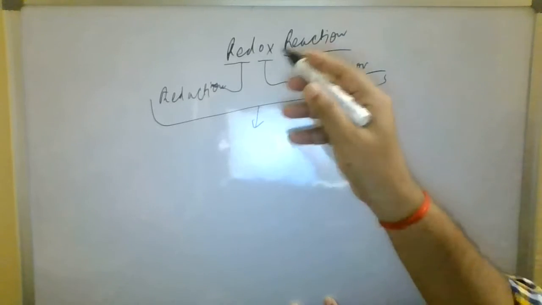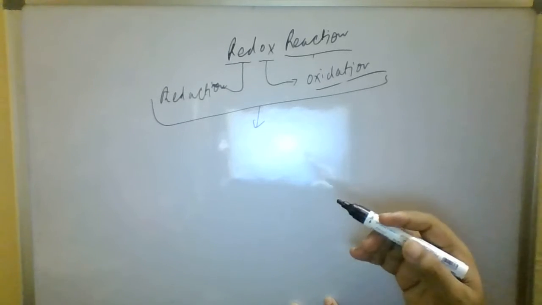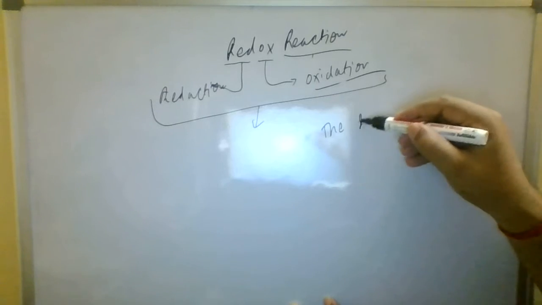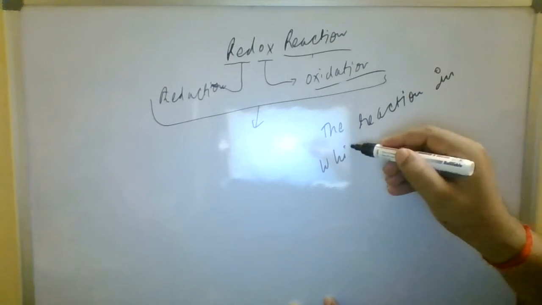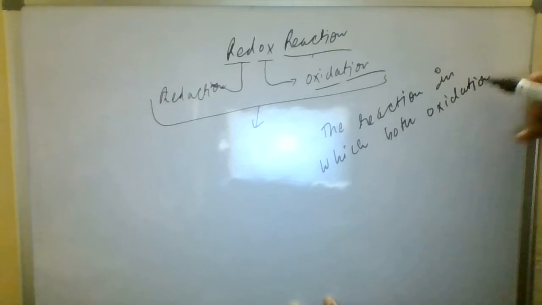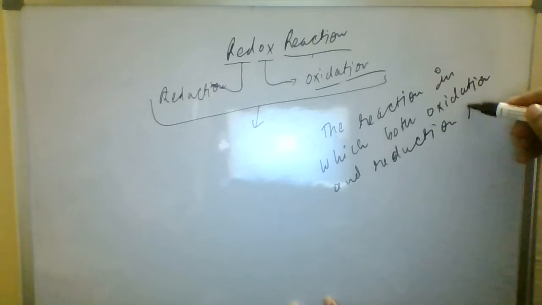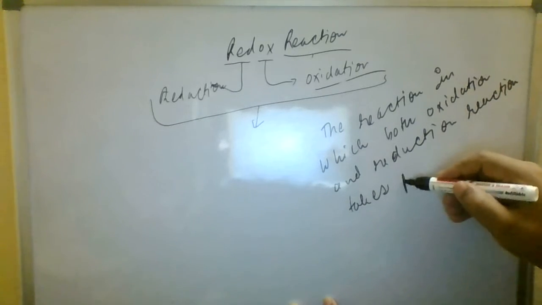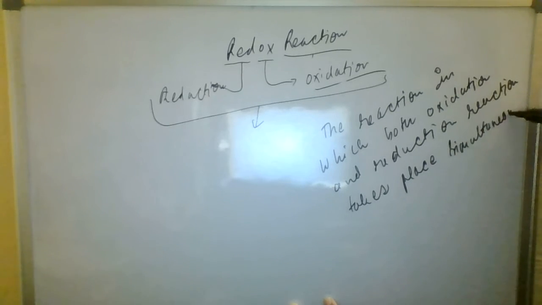So the redox reaction definition: the reaction in which both oxidation and reduction reactions take place simultaneously is known as a redox reaction.